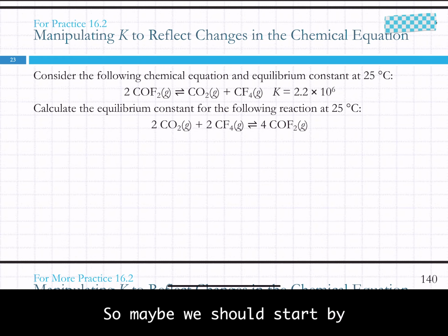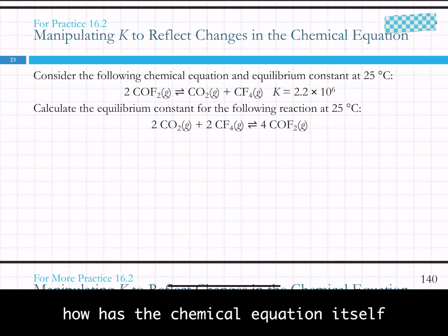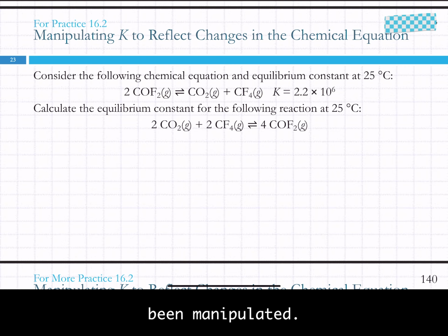So maybe we should start by, how has the chemical equation itself been manipulated? It's reversed. So we've reversed it. So it'll be k to the negative 1. You say divided by 2?